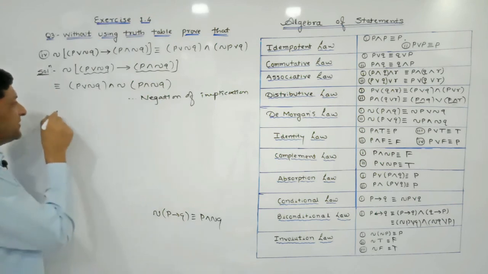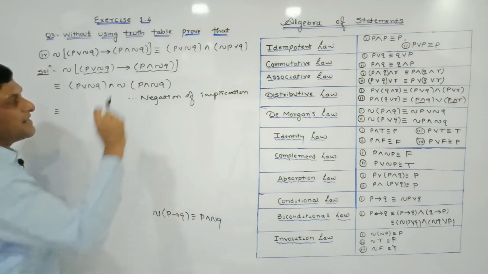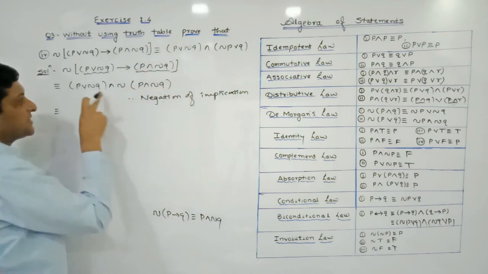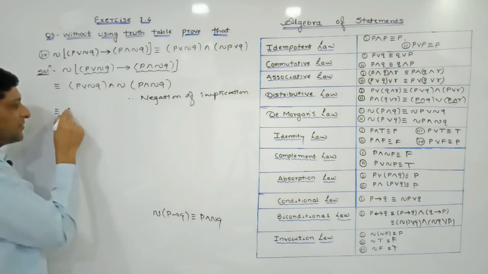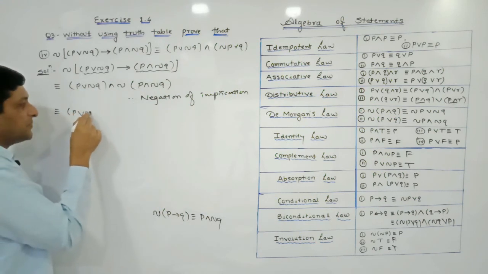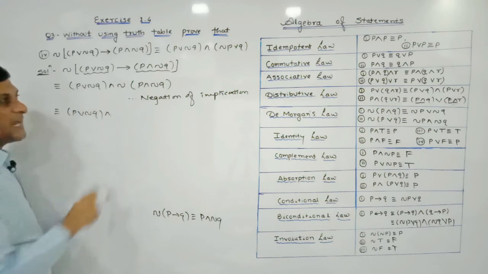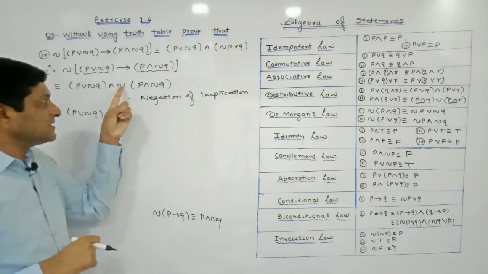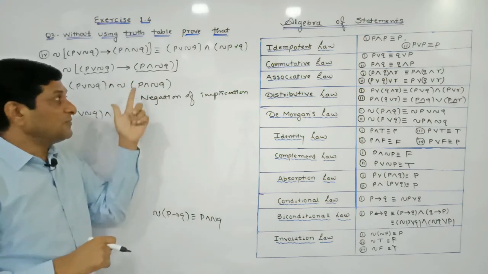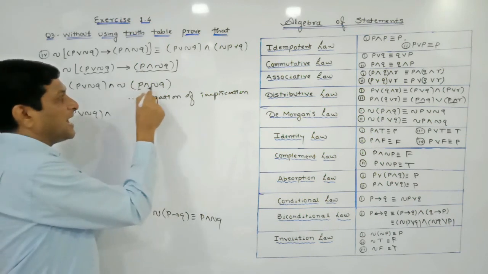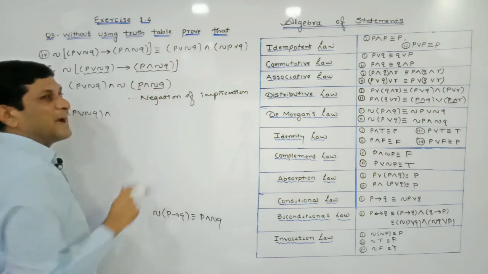Now let us simplify it. If you observe our required result, P or negation Q is the first term, which we have already got here. So we are not disturbing the first term P or negation Q and keep it as it is. Now we apply this negation on this bracket. If you observe, two terms in this bracket are connected by AND.